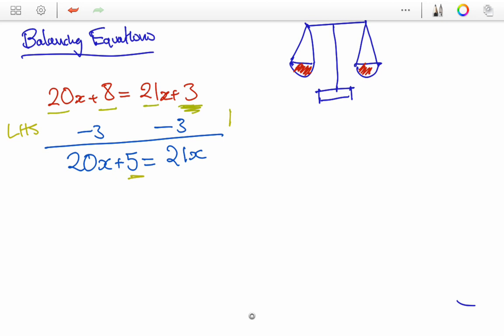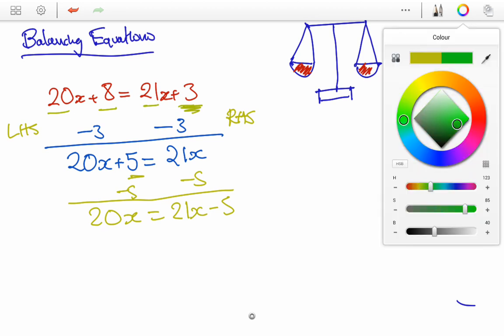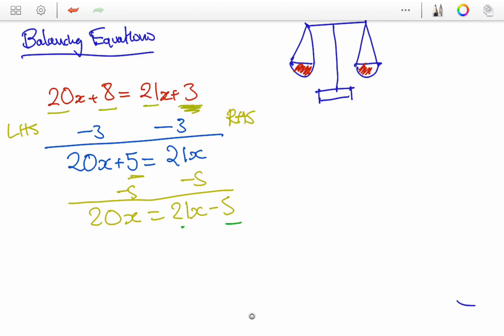I need to watch out for this, because if I subtract 5 from here and subtract 5 from here, I end up with 20x equals 21x minus 5. There's still a total of 3 terms: 1, 2, 3. So it hasn't actually become more simplified, and that's what you want.